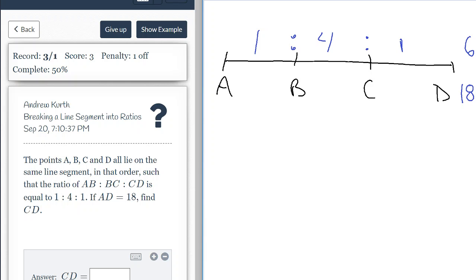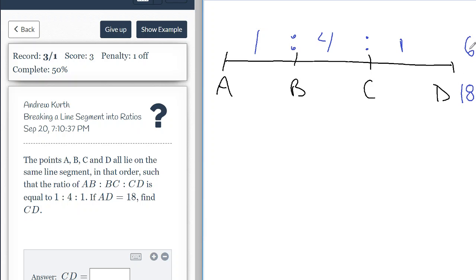So hopefully this is giving you a clue of how you're going to answer the question: how long is CD? How long is it from here to here? If the total is actually 18, and then the ratio is 1 to 4 to 1.